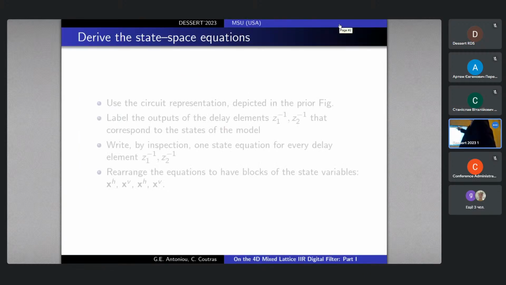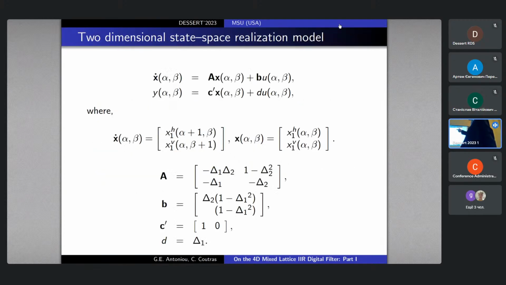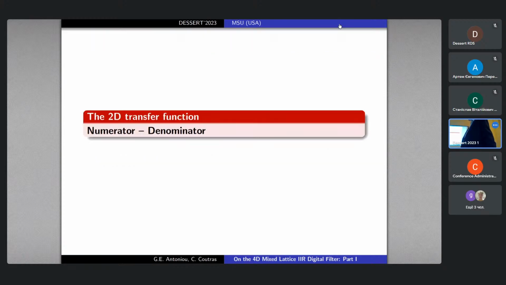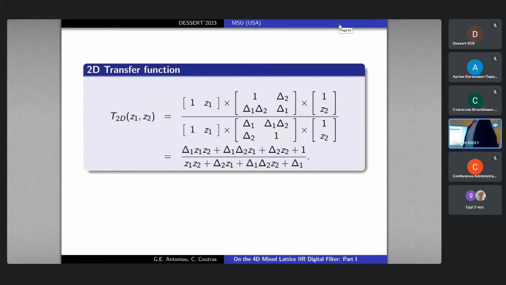We write the equations by extraction. We derive the minimal state space model 2 by 2. And also at the end, if we apply the Z transform, we can find the numerator and the denominator. We can see that this is correct. The numerator and the denominator are mirror images.